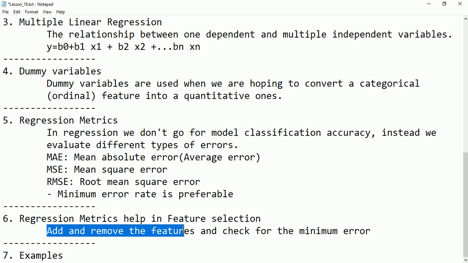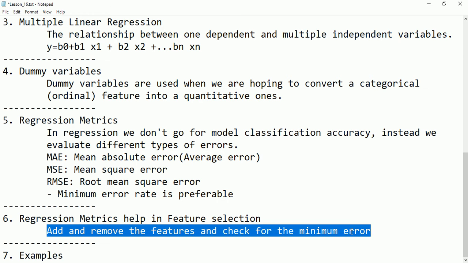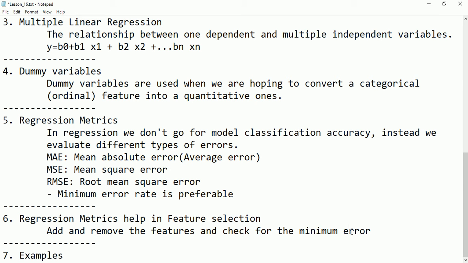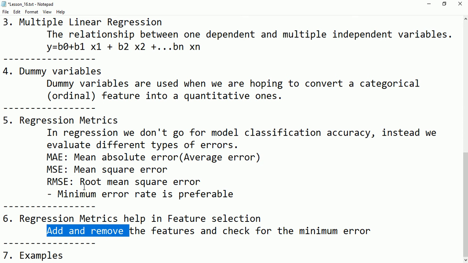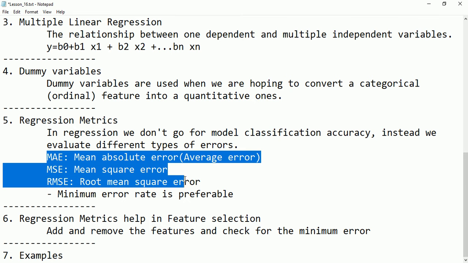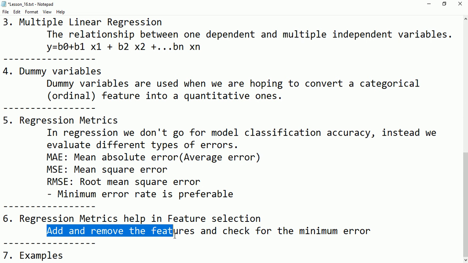By adding and removing features and checking for the minimum error, we say these features are required and we select them, while features with more errors we neglect. By adding and removing features and calculating the error rate, we can say which features are important and should be considered, and those features which increase the number of errors when added, we have to remove.